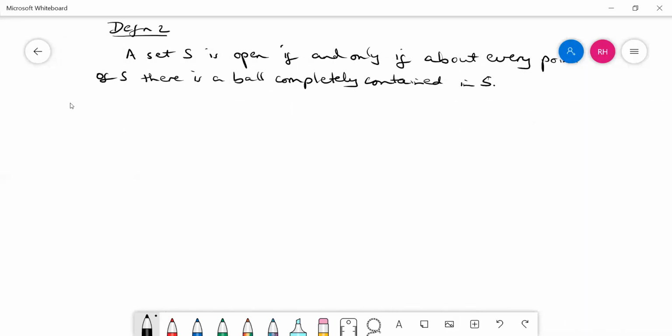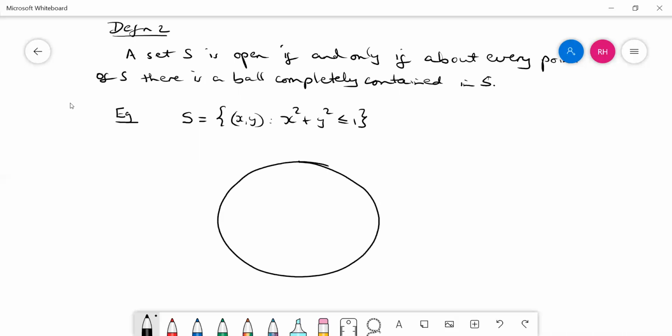Okay, so let's do an example. Let S be the set of (X, Y) such that X squared plus Y squared is less than or equal to 1. So I'm going to draw that so we can see it. Let's draw a circle about there, and put an axis on it, and an axis the other way.